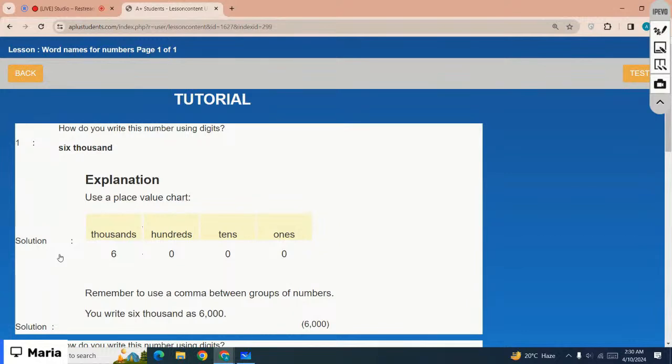How do you write this number using digits? 6,000 it is. That means 6 is at the thousands place and the other digits are 0. Let's just start with the test questions.